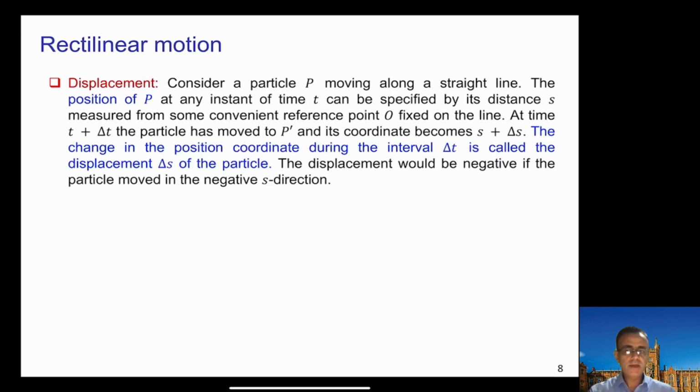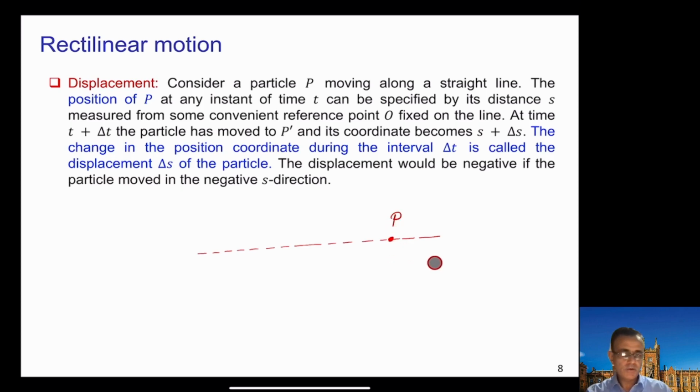Okay, so now we can discuss the most simple type of motion, which is what we call rectilinear motion. If you consider a particle, and assume that it is moving on this line here, the particle is here at P, and this is the location of the particle.